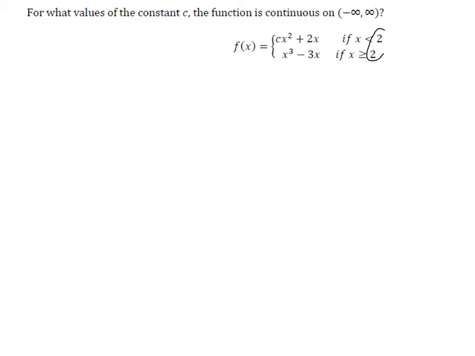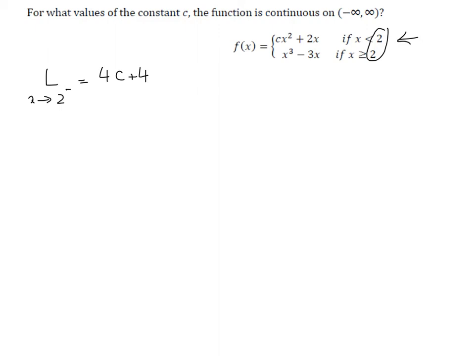Let's look at the value 2. The limit of the function when x goes to 2 from the left, I have to evaluate this function at x equal to 2. If I put x equal to 2 here, I get 4c plus 4.